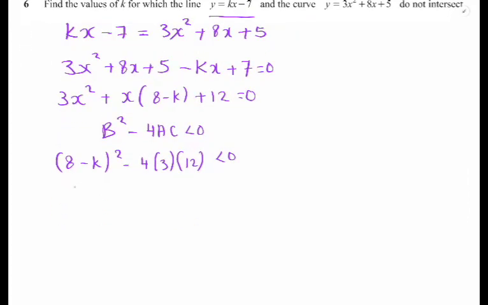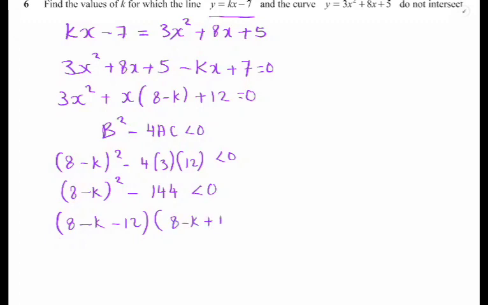Here also you can factorize the same way. 8 minus k squared minus 144. So I put 8 minus k minus 12, 8 minus k plus 12 smaller than 0.